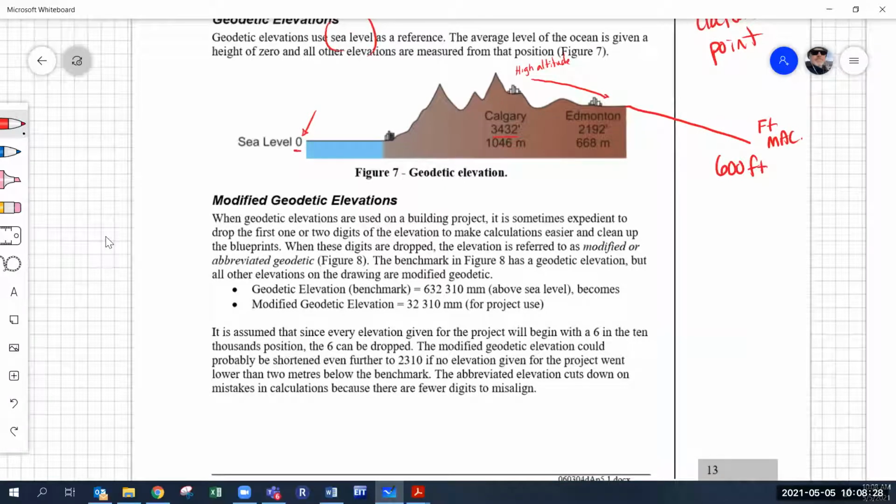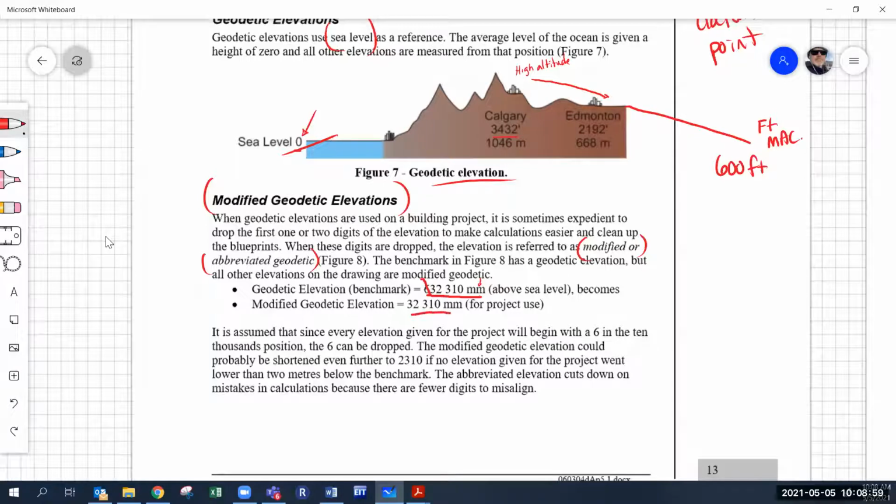So anyways, then we get to something that's called modified geodetic. Geodetic is used starting from sea level going upwards. Modified or abbreviated is when you have a benchmark. So this is your geodetic benchmark of 632,310 millimeters above sea level. To modify this elevation, they simply take that 6 off.